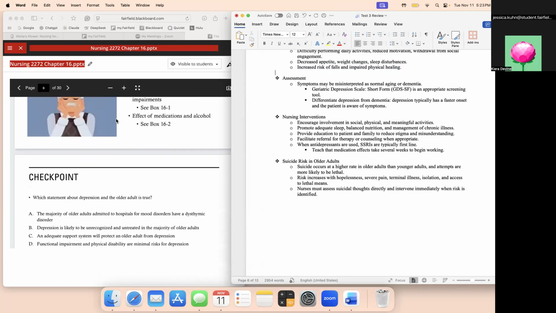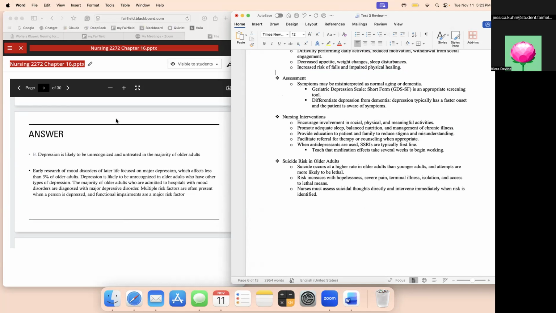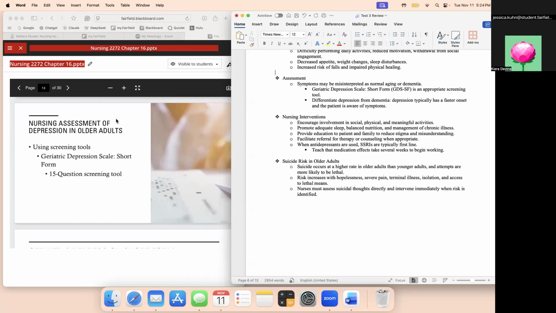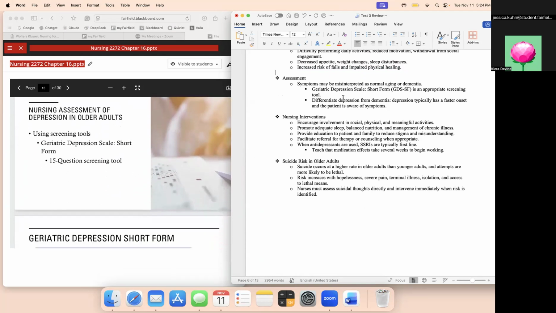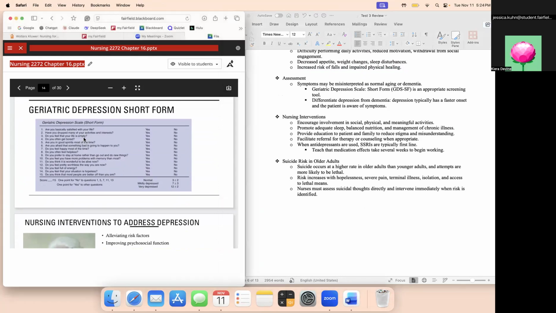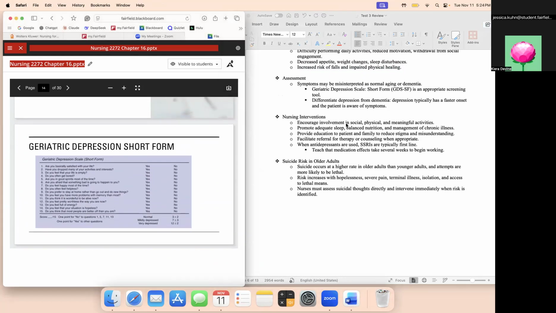Let's see, the assessments here. There is a screening tool. Looks like it's a 15 question screening tool. I doubt you'll need to know the entire thing, but definitely know the name of it and what it does.